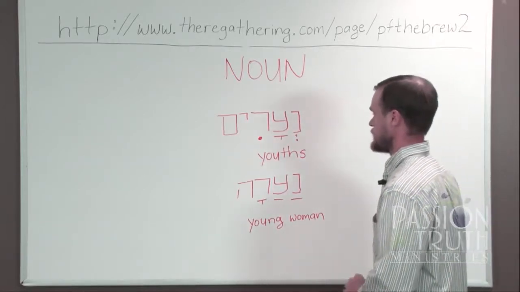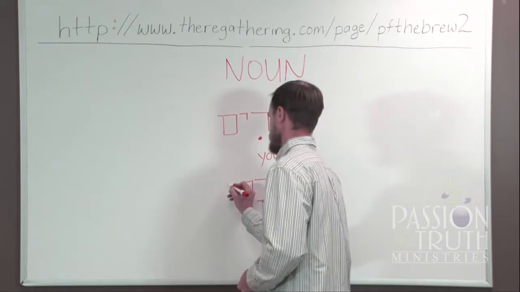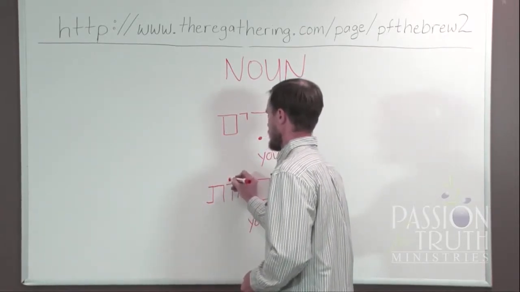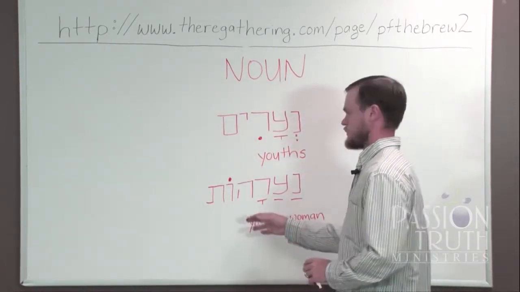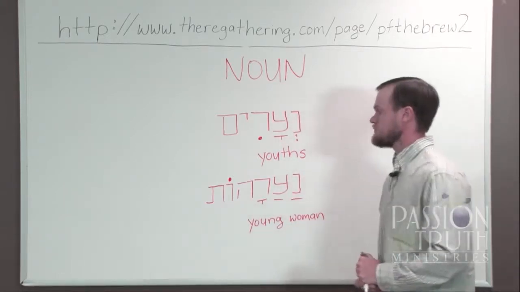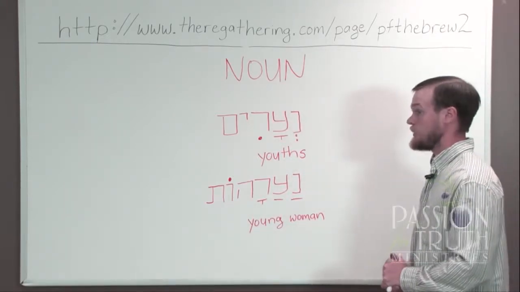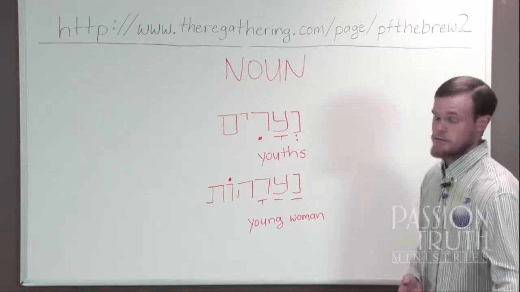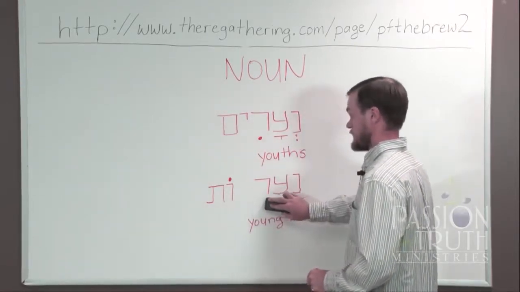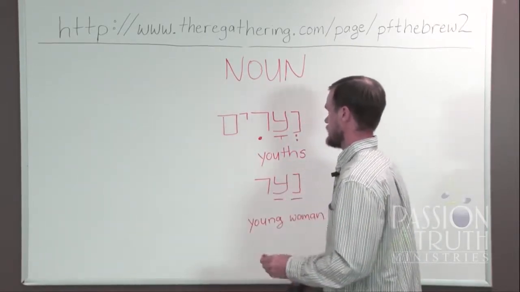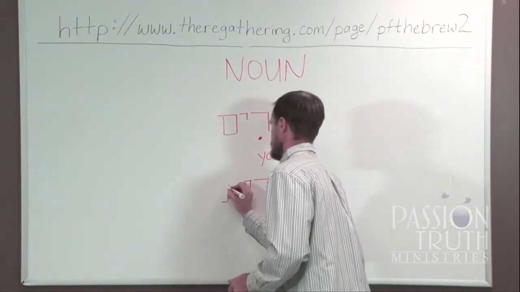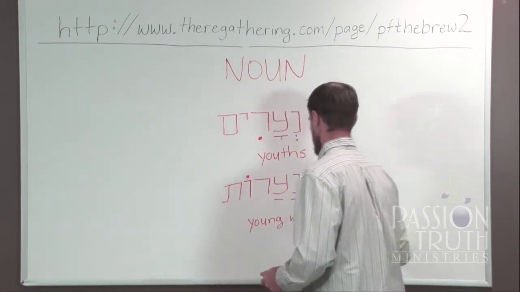Right, add the ot. Is there anything we have to do besides adding the ot? Can we just add the ot on the end? Remember, this word ends in a hey. So it would not become na'arahot, the hey would be dropped, and the kamatz would be dropped, and we would wind up with na'arot, young women.